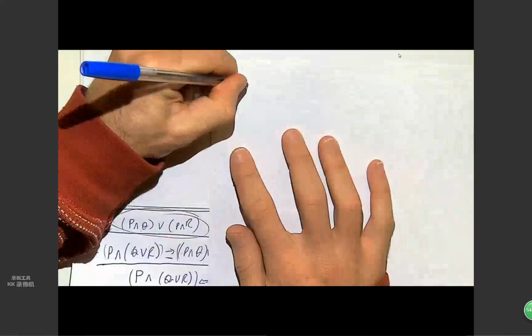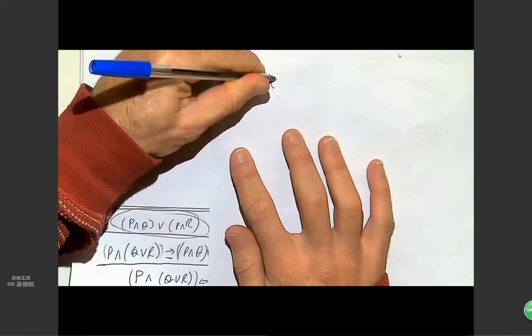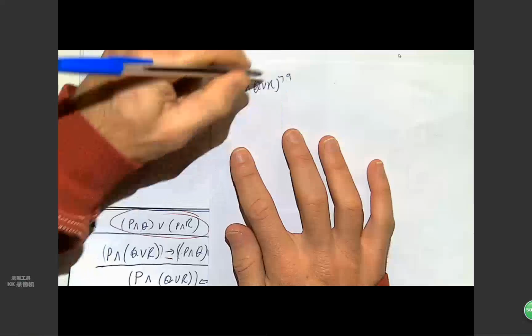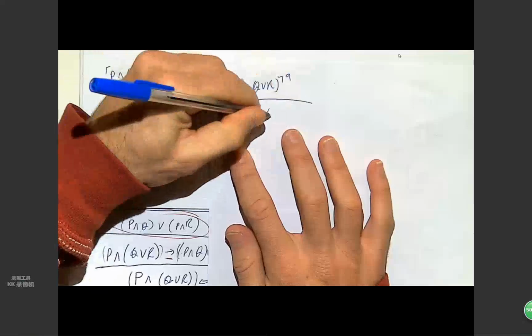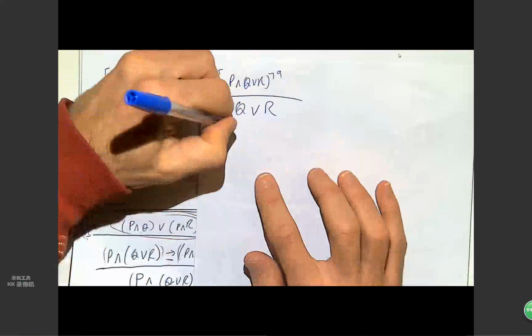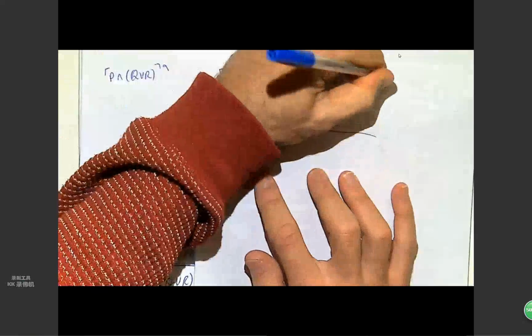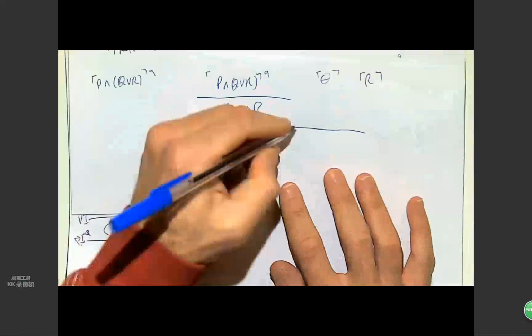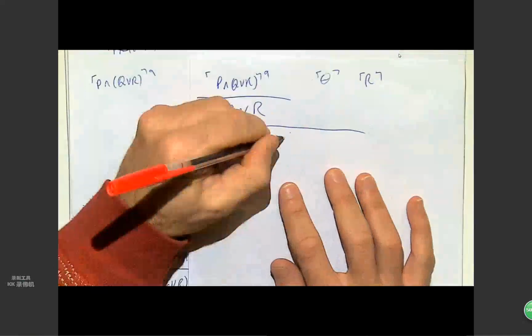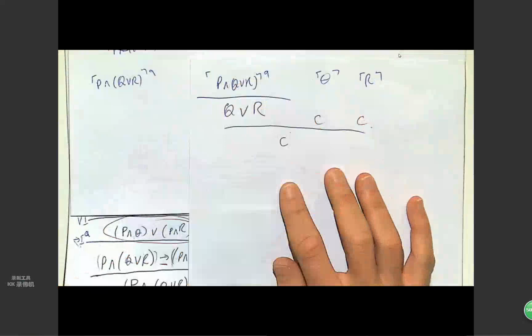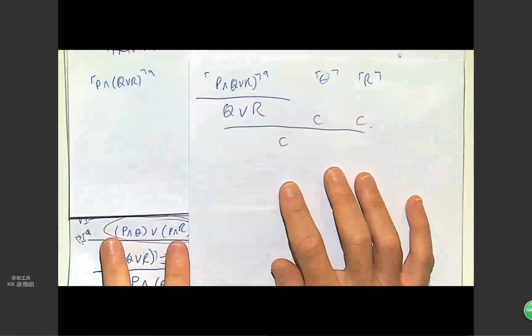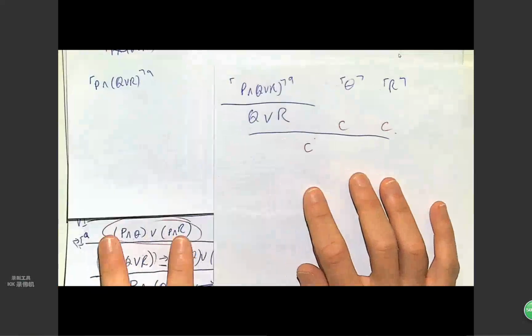If I try again, I have P and Q or R, I can go to Q or R for that, and then I can assume Q and assume R, and I need to choose something for C. What if I get this expression there to be my C?